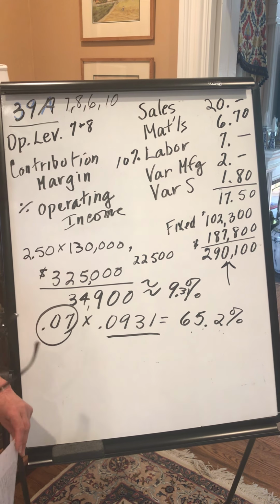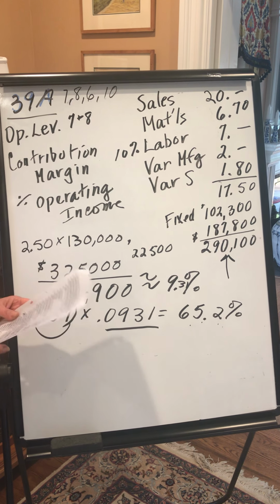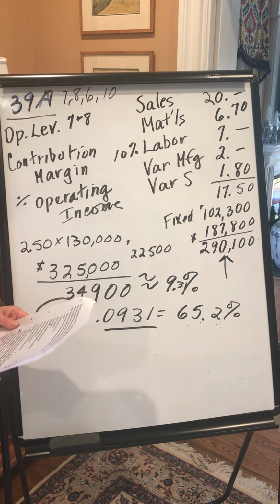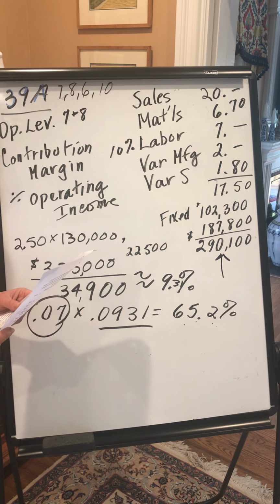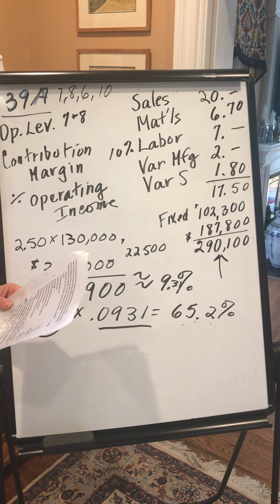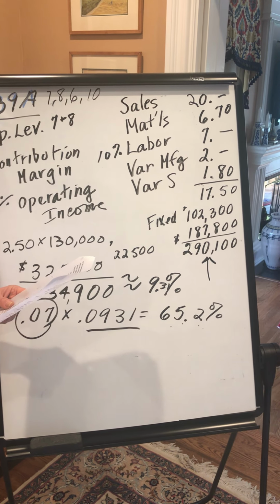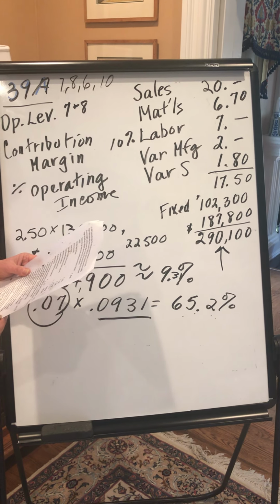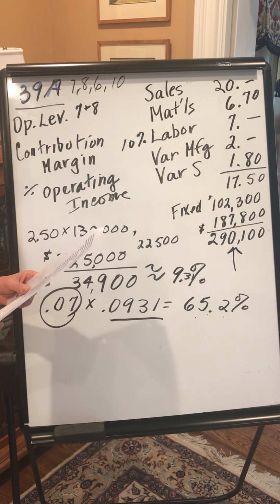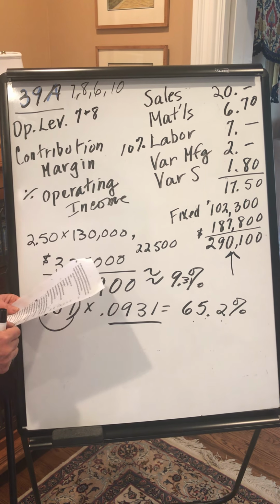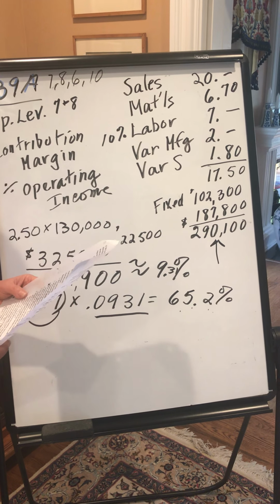Let's go back then to number 6. Number 6, we have some changing circumstances. They tell us in the problem for number 6 that management is in contract negotiations with the labor union. And if the negotiations fail, direct labor costs will increase by 10%, and fixed costs will increase by $22,500.